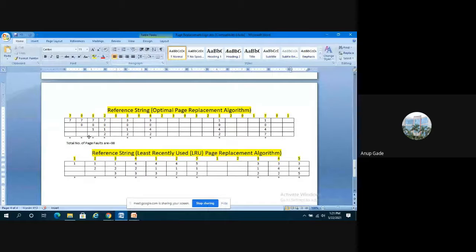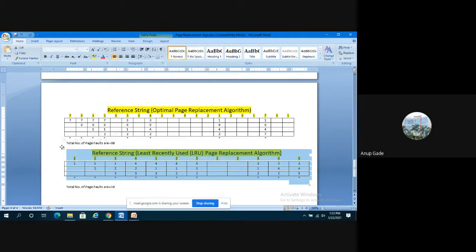Total number of page faults are 10. Okay. Now apply the similar one with 4 number of frames. Let us see how many page faults will occur.